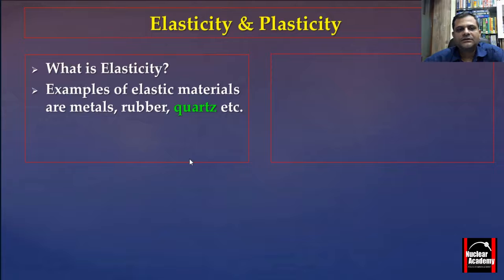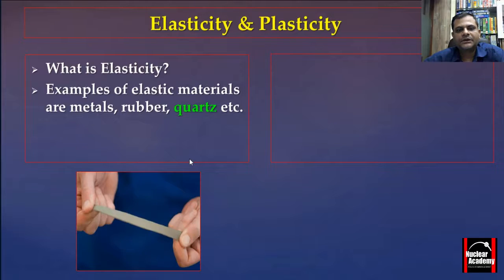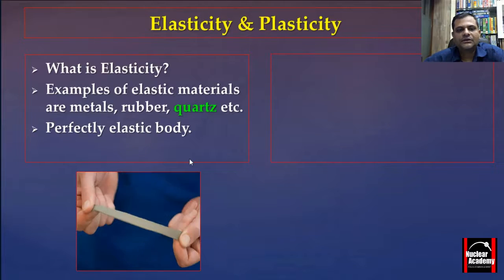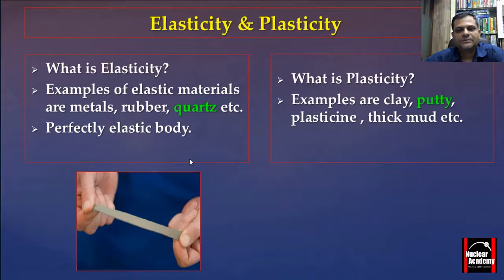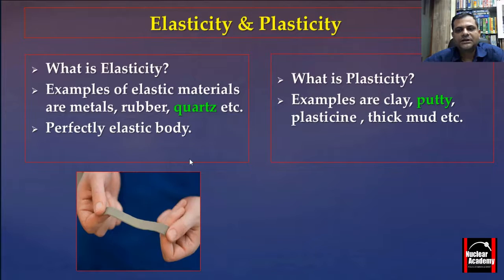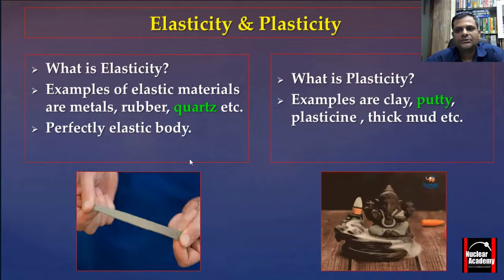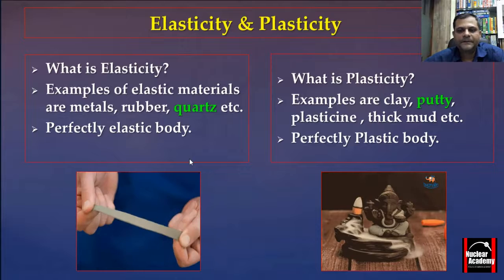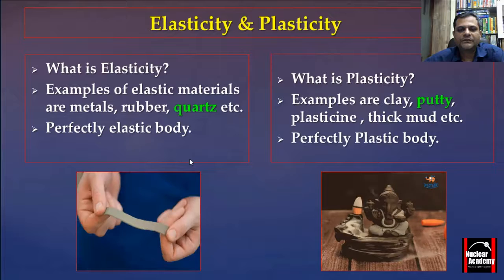So we can say that elasticity is a property of materials like rubber or quartz. And what is plasticity? Its examples are putty, plasticine and thick mud. Basically, elasticity is the property due to which the body gets deformed when a deforming force is applied on it, and again regains its original shape and size whenever the deforming force is removed.